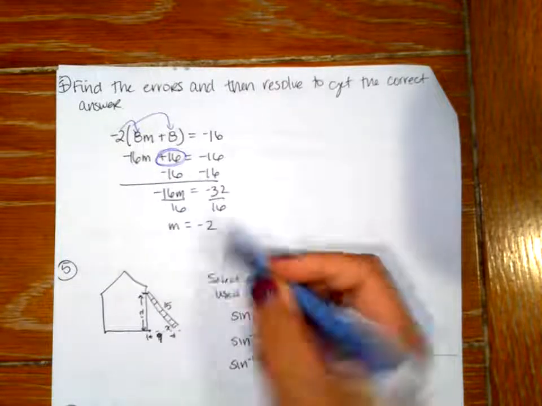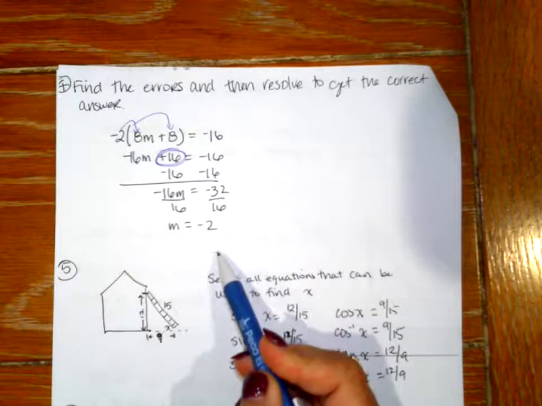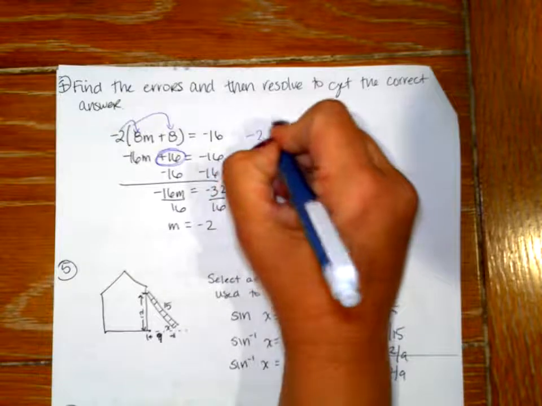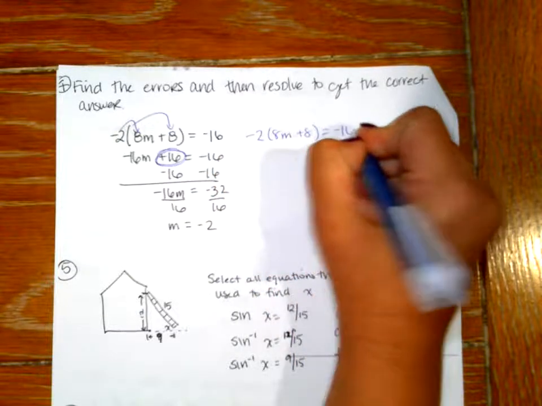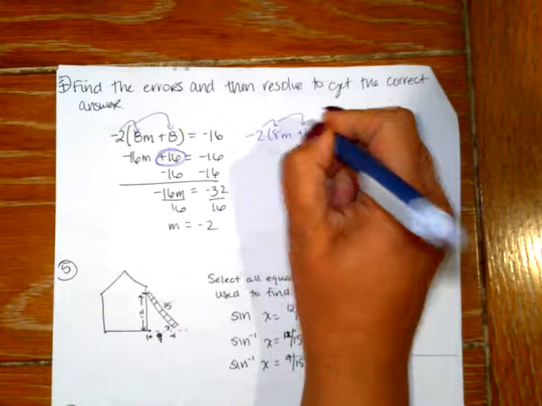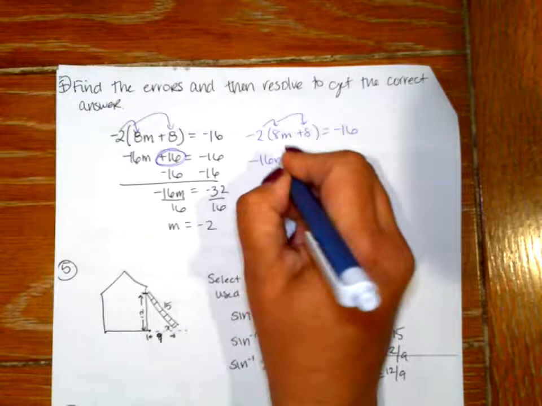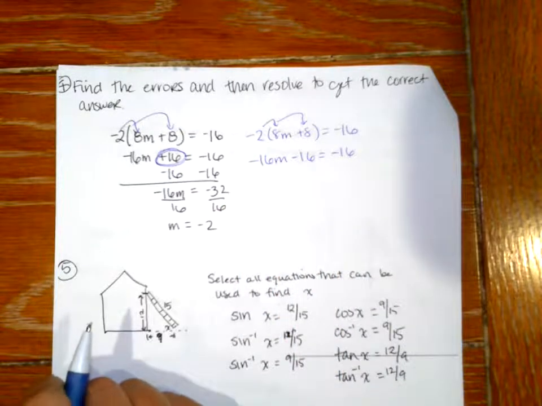Everything else is wrong after that error. Yes, they made multiple errors within this, but let's rewrite the problem so that we can resolve it and get the correct answer. I'm going to distribute, which gives me negative 16m minus 16 equals negative 16.